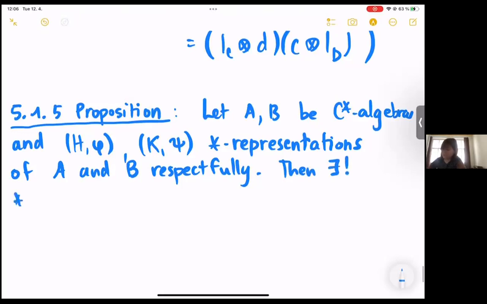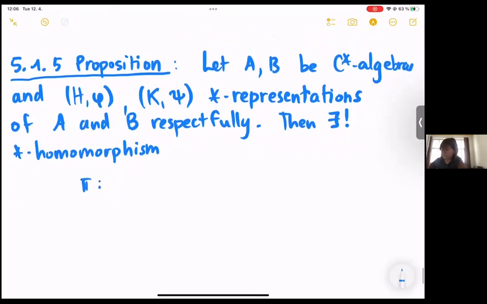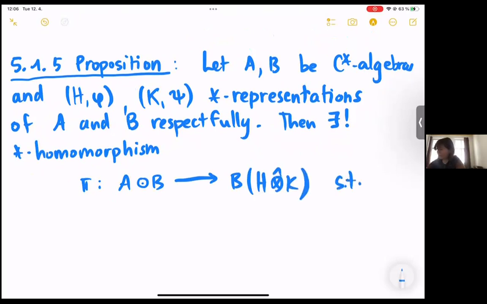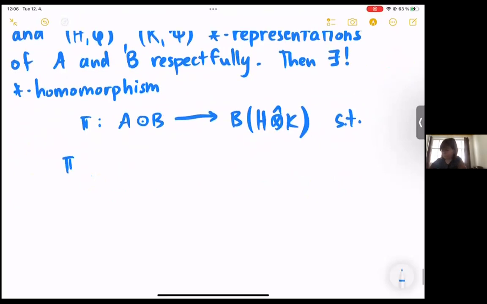So we get a unique star homomorphism pi from this tensor product as star algebras into B of H tensor K, such that pi(A tensor B) is phi(A) psi(B).